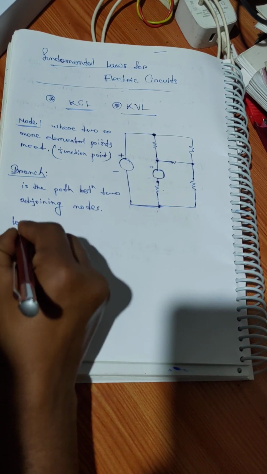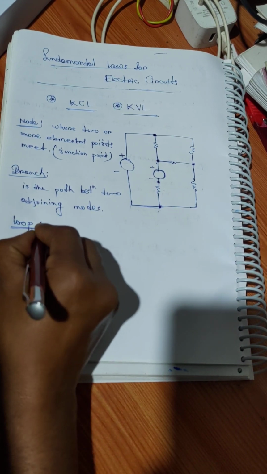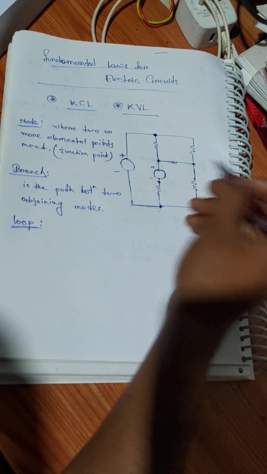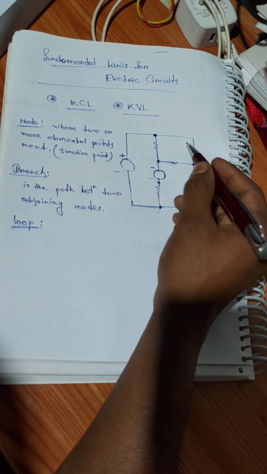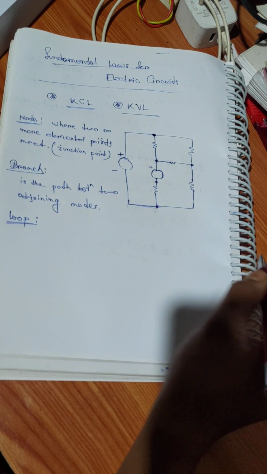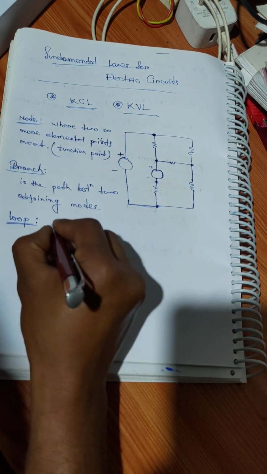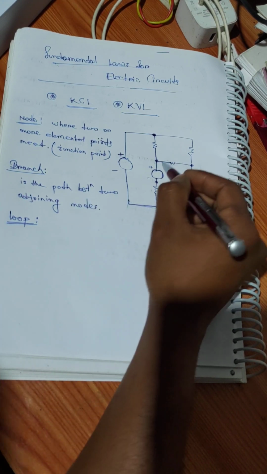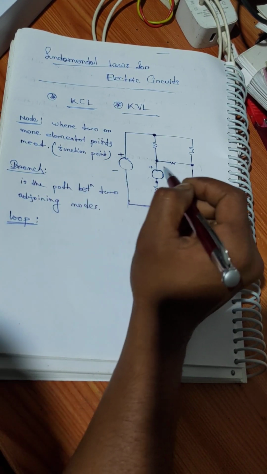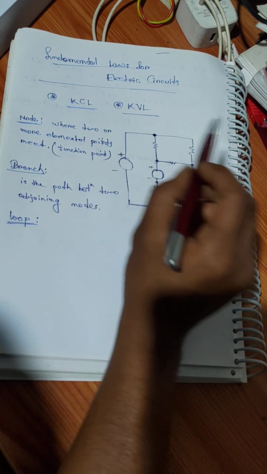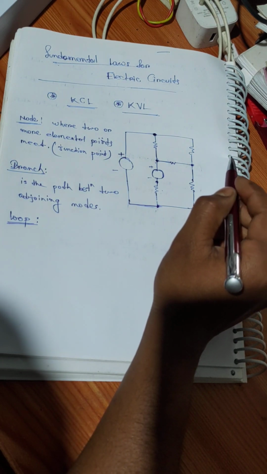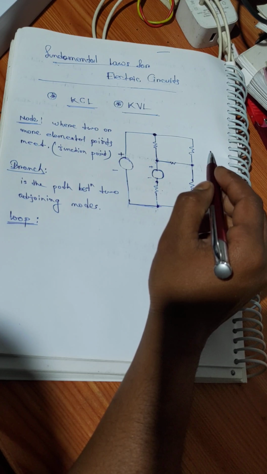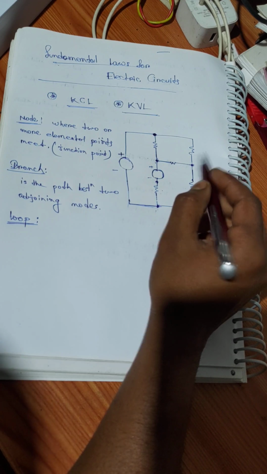Next, what is a loop? From the name also you can say what a loop is. It's circle type, right? A loop is a closed path where the traversal ends upon the starting node.